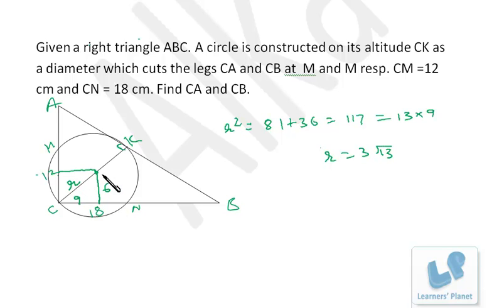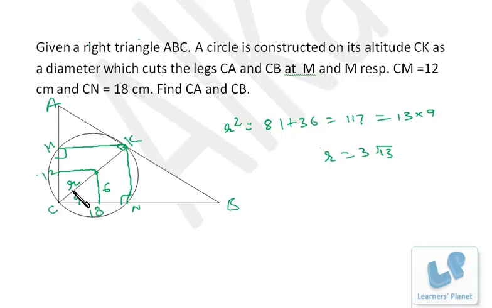Now what I do, I match this M and K, and from here K and N, right? Now what? CK is diameter, so this will be 90 degree, and further CK is diameter, so this angle will be 90 degree. This or this, whatever, right?